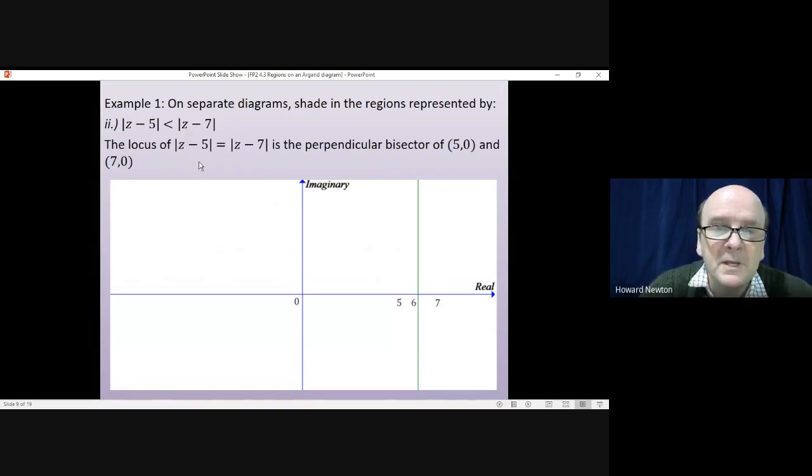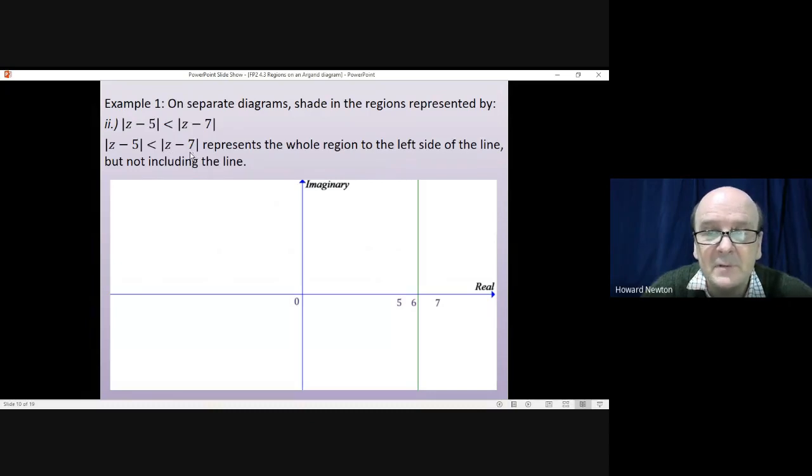Then worry about what the inequality says. The inequality says that the distance of the point from 5 has to be less than the distance of the point from 7. That'll be the whole region to the left-hand side of the line. But it can't equal the line because it doesn't say less than or equal to. It does have to be strictly less than.